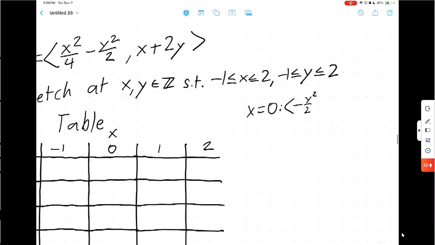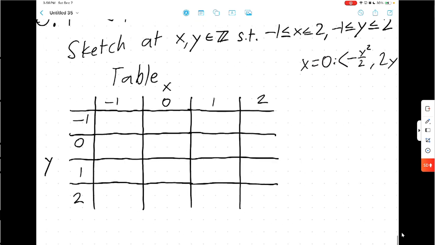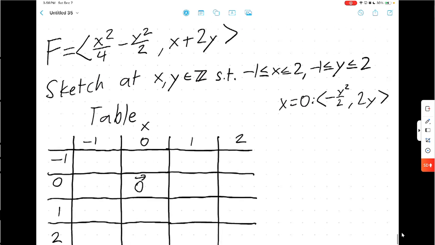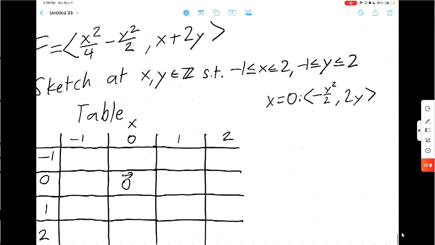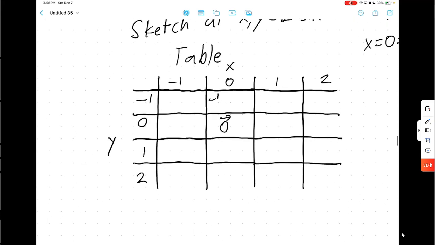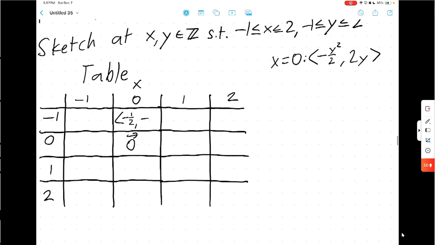We're going to get -y squared over 2, comma 2y if x is equal to 0. So for x equals 0 and y equals 0, we're just going to get the 0 vector. If y is equal to -1, while x is equal to 0, that's going to be -1/2, comma -2.